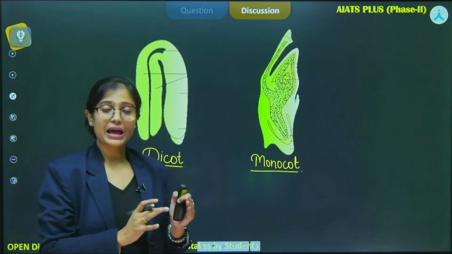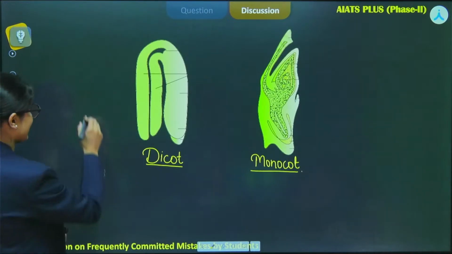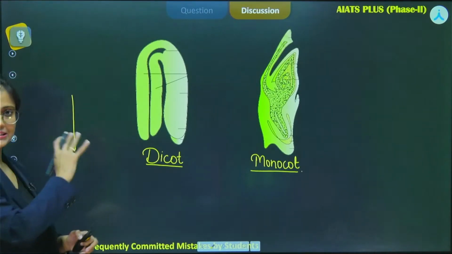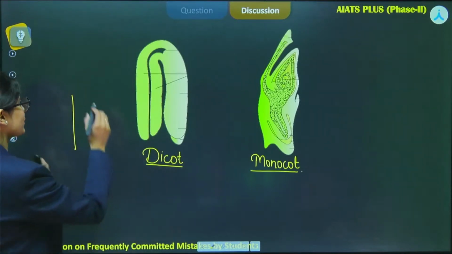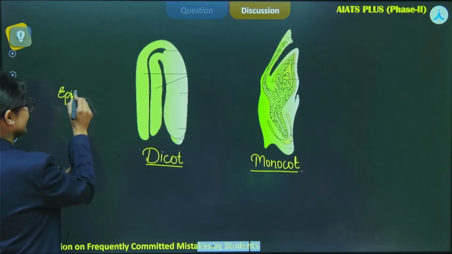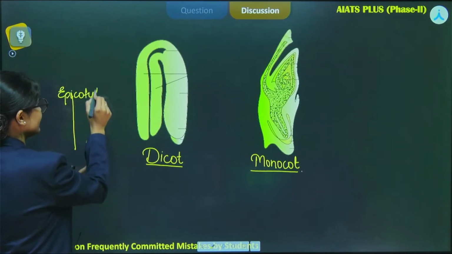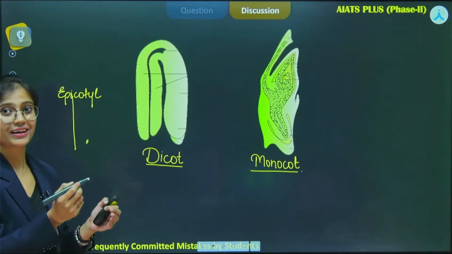If we talk about the embryonal axis, let's understand this thing likewise. This is embryonal axis. On the upper side of the embryonal axis, epicotyl is present, where it will lead to the formation of coleoptile, right?